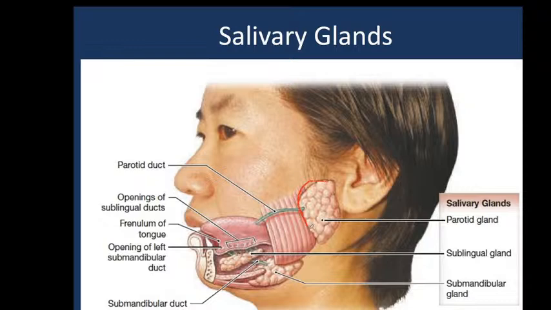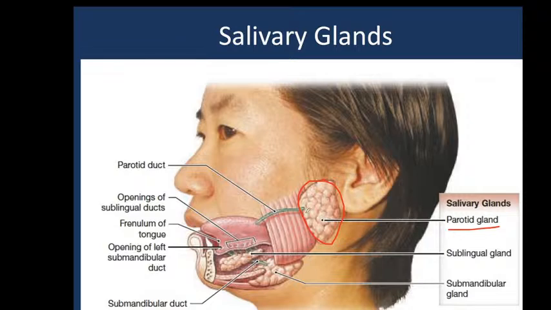The first one is the parotid glands here. Parotid glands are the largest ones, and their weight is about 20 grams, and they are located in the inframandibular fossa.